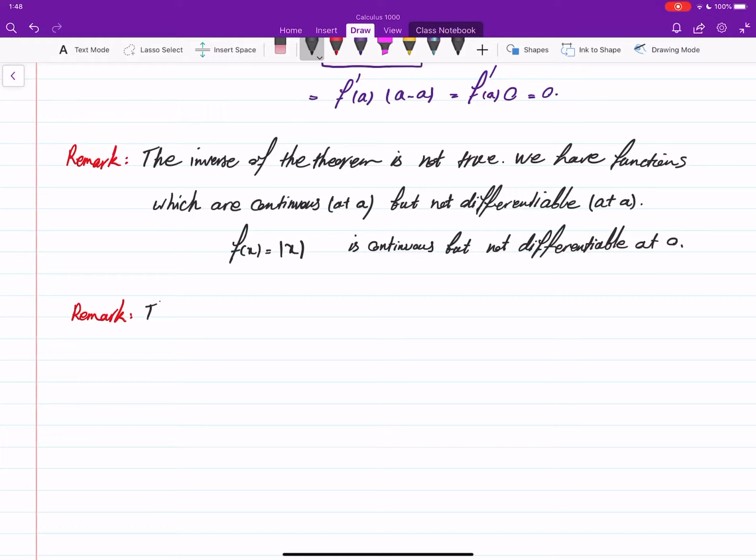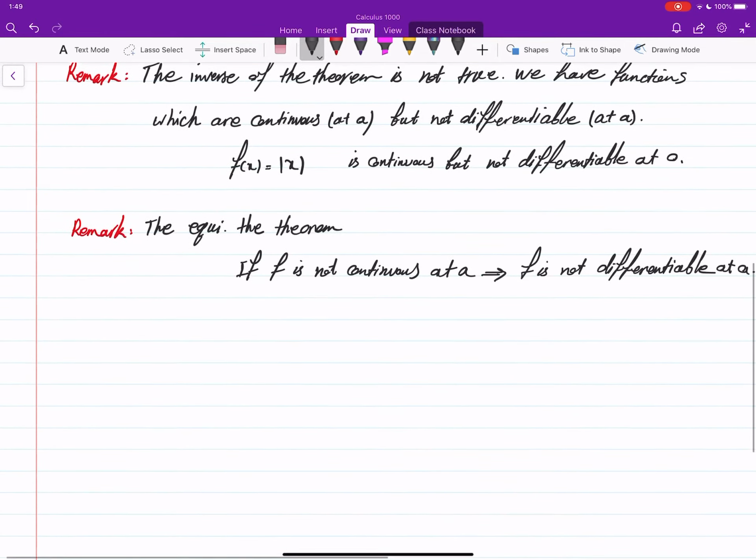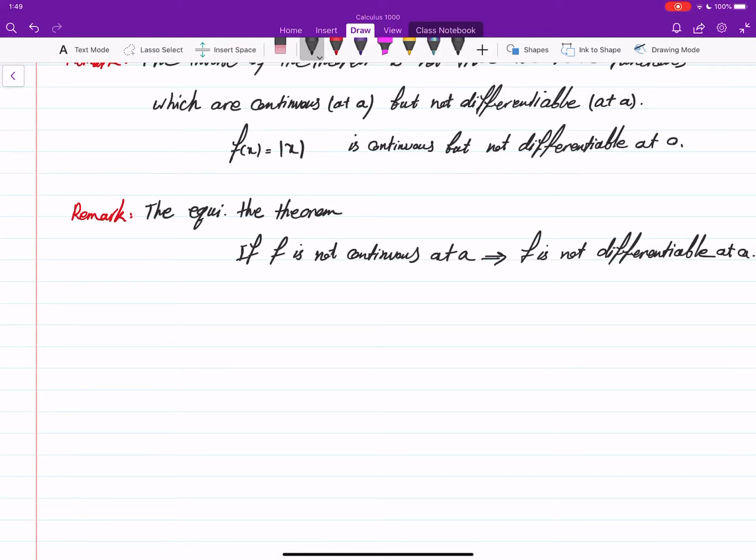So the equivalent version of the theorem is: if f is not continuous at a point A, then f is not differentiable at A. Well, this gives us the first class of the functions which are not differentiable.